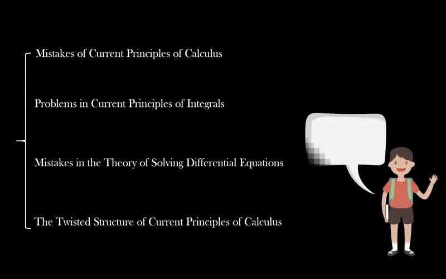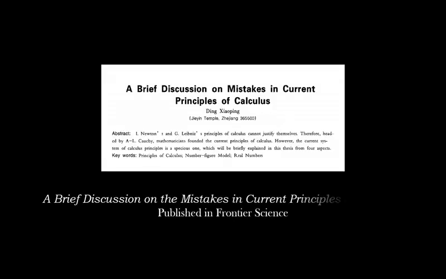In a word, such a system of principles of calculus has lost its proper meaning, so it should not be accepted by mathematics. Here, we have introduced the main points of Ding's "A brief discussion on the mistakes in current principles of calculus," published in Frontier Science.